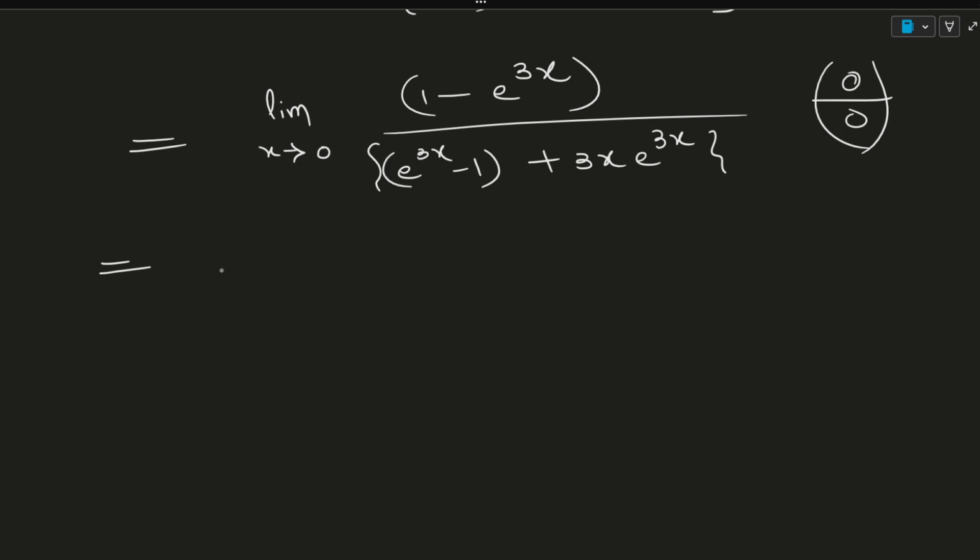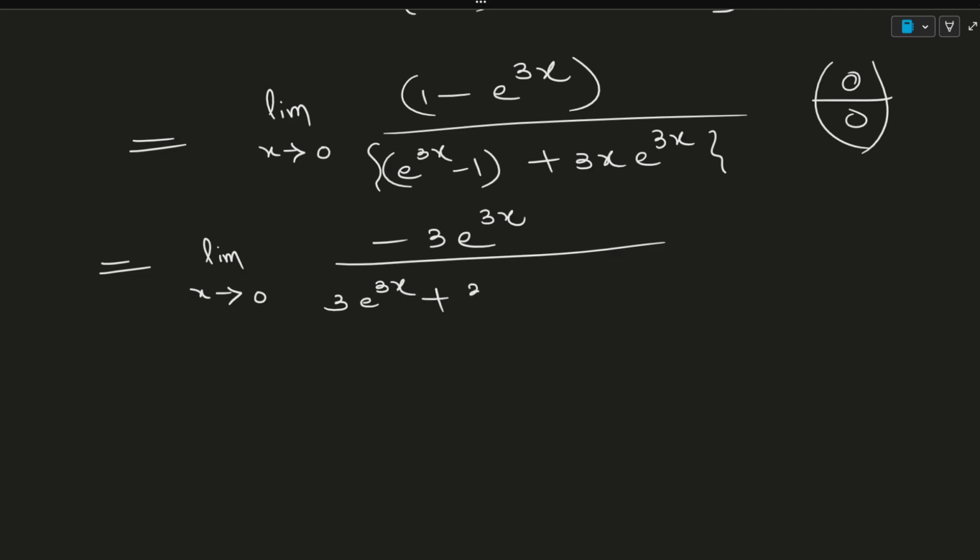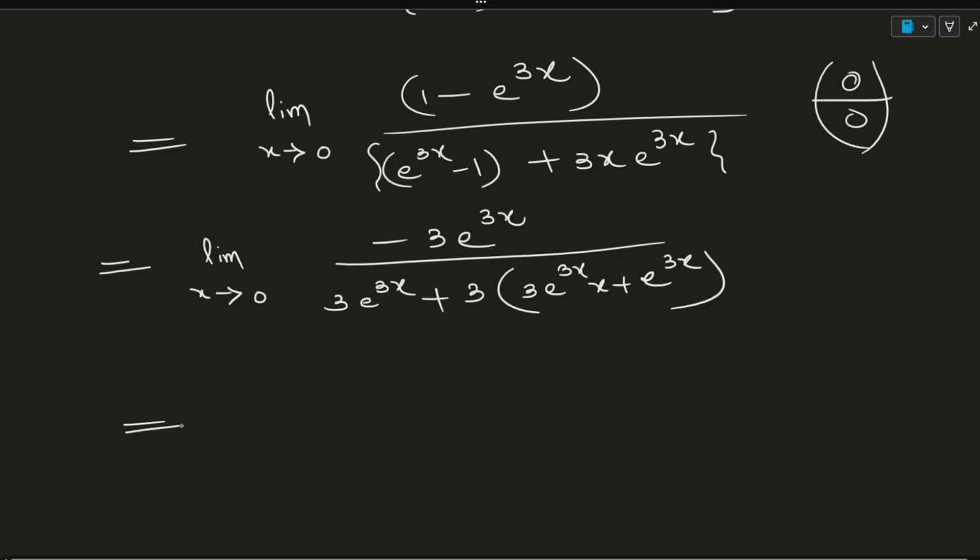If I apply again the L'Hospital rule, then now applying this limit, the numerator will be minus 3 divided by 3 plus 3 into 1.